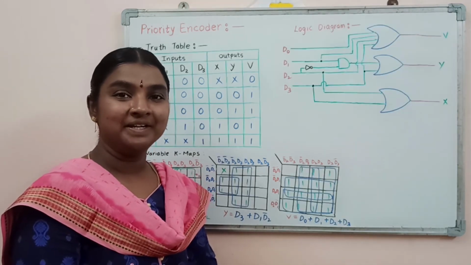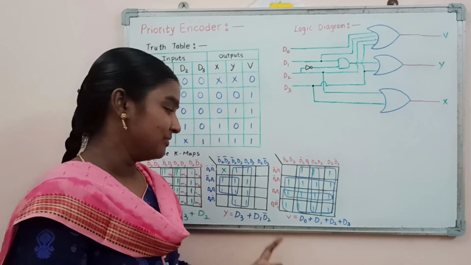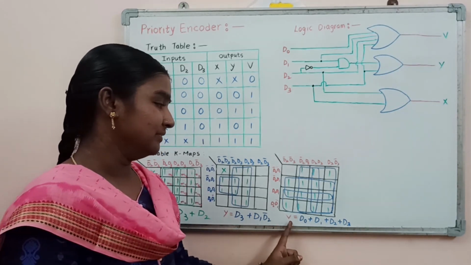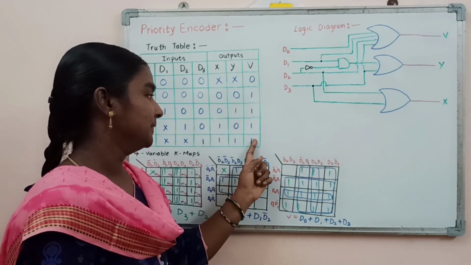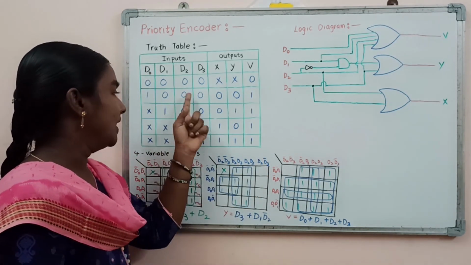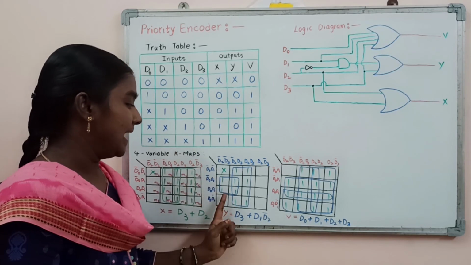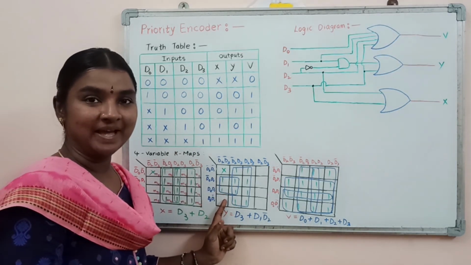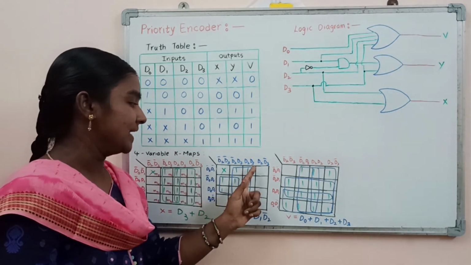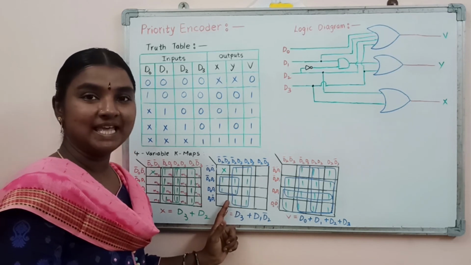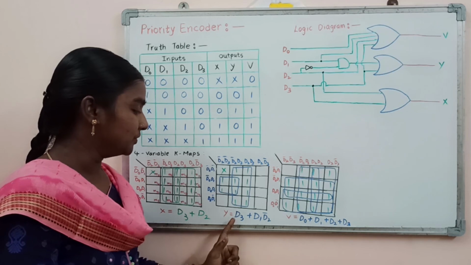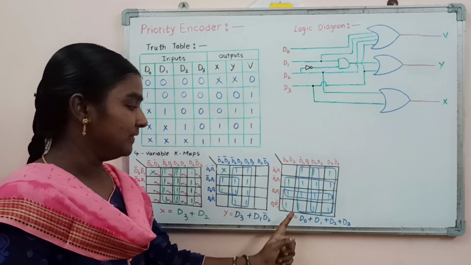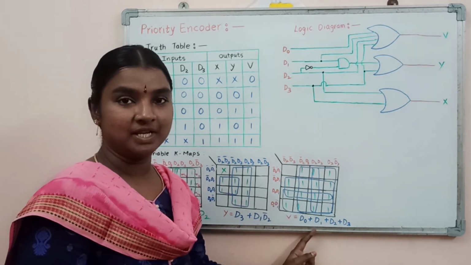Now we may find the Boolean expressions for outputs Y and V based on these output values. By considering all these combinations, we assign ones in this manner, and by combining the maximum number of ones in this K-map we find the Boolean expression for Y equal to this one and for V equal to this expression.